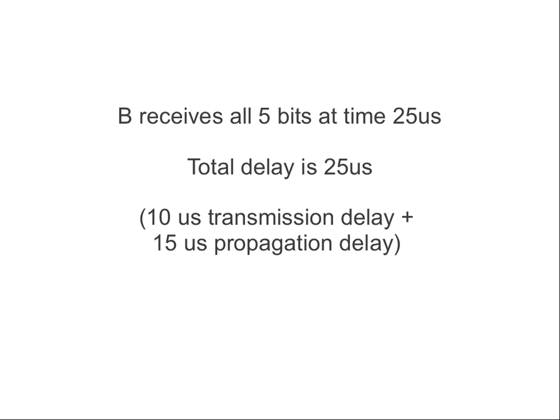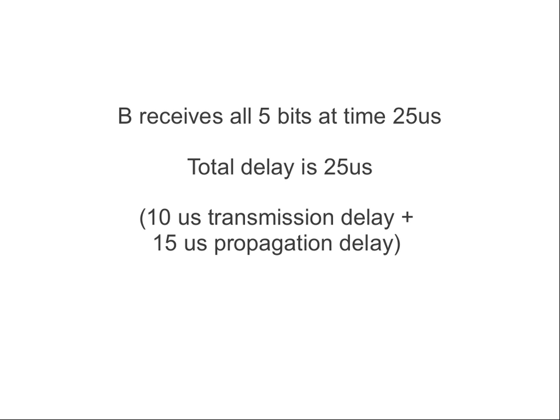We transmit and we have propagation. Maybe there's some processing and queuing at B again. And then B back to A. And possibly there's processing in A. Depends on the setup of the question.